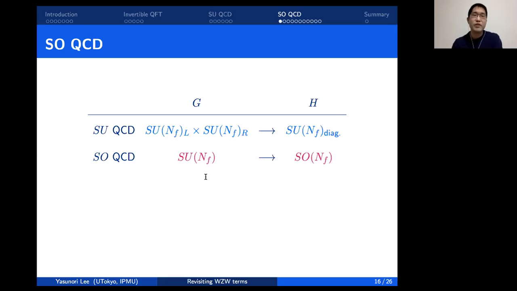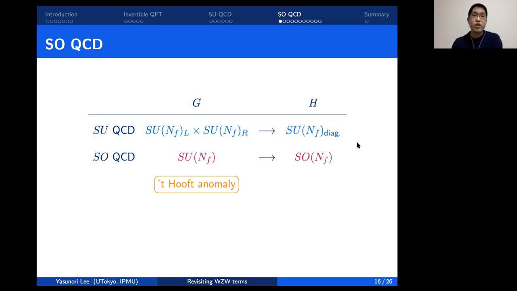Therefore, the flavor symmetry of SO QCD is just SU(NF), which acts on the Weyl fermions. Similarly, in the IR nonlinear sigma model, the bilinear condensate formed by fermions is only invariant under the SO(NF) subgroup, and the sigma model target space becomes SU(NF)/SO(NF).